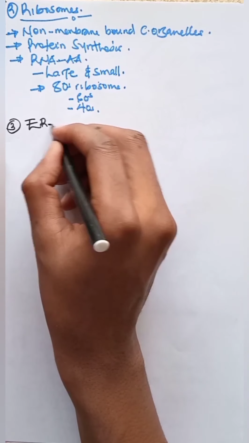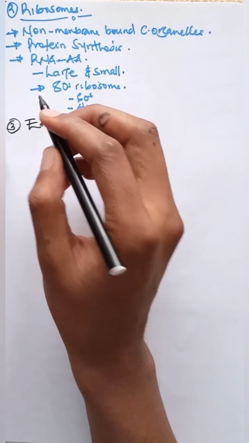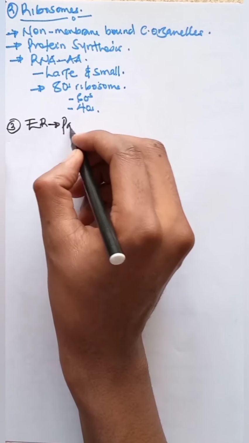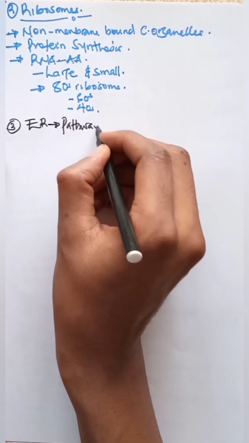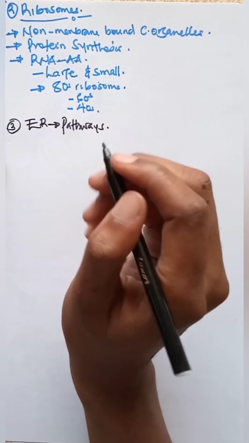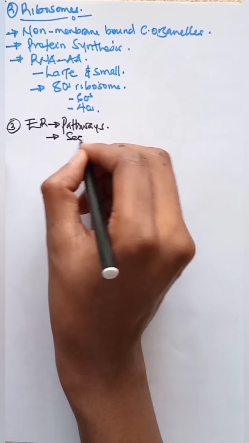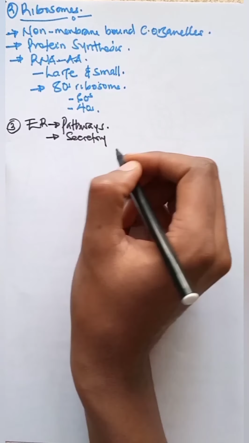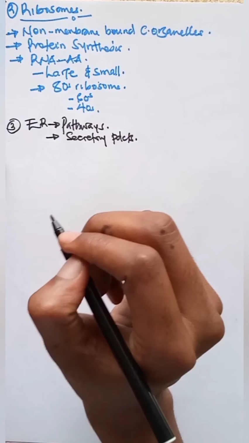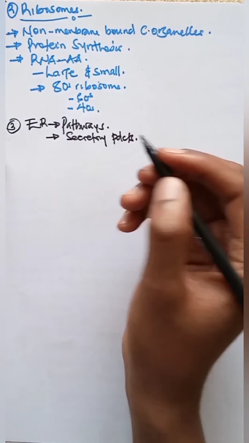And of course, the endoplasmic reticulum is a series of membrane-bound channels that are basically pathways for transportation of secretory products that are either used by the cell or released out of the cell.